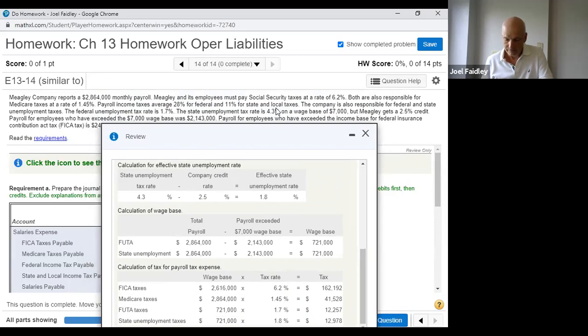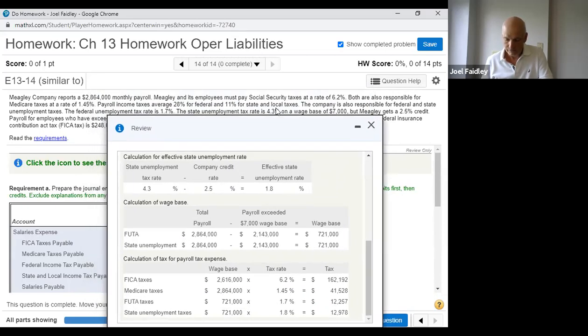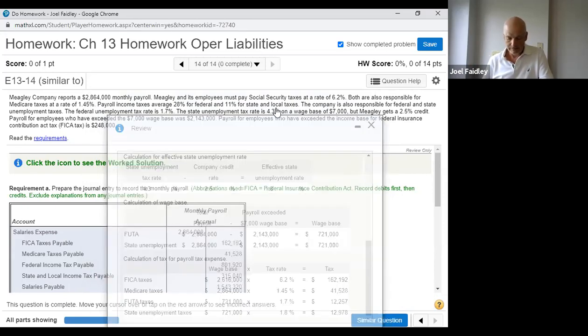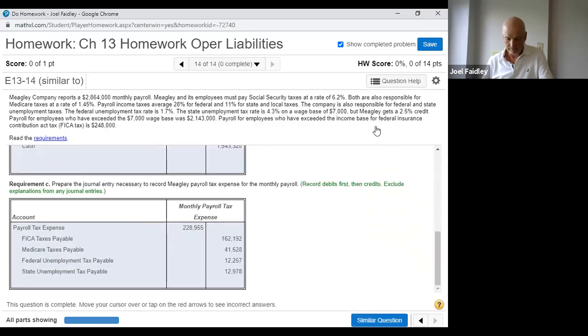That's the calculation we did right there. 4.3 minus 2.5. Because they haven't laid many people off. Their experience rating is high. The higher the experience rating, the better. The less taxes you have to pay for unemployment. So 721 times 1.8. So those two $12,000 amounts go right down here at the bottom. All right. And then your plug number is your payroll tax expense.